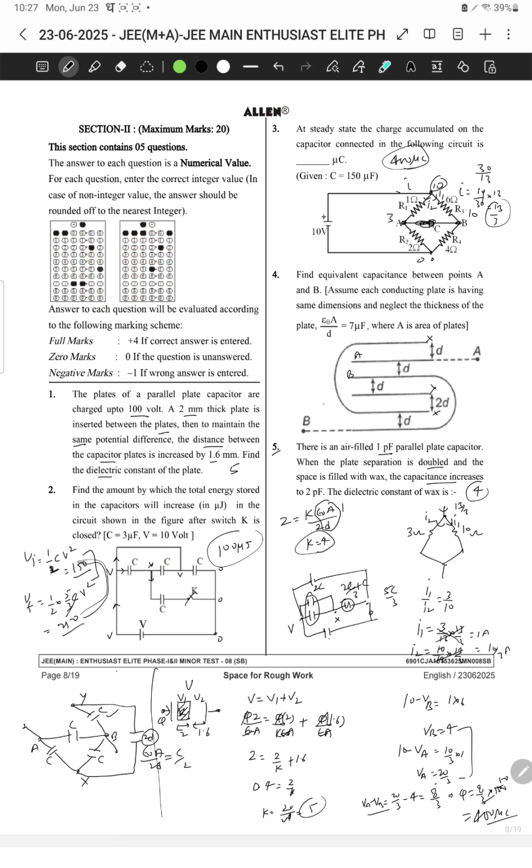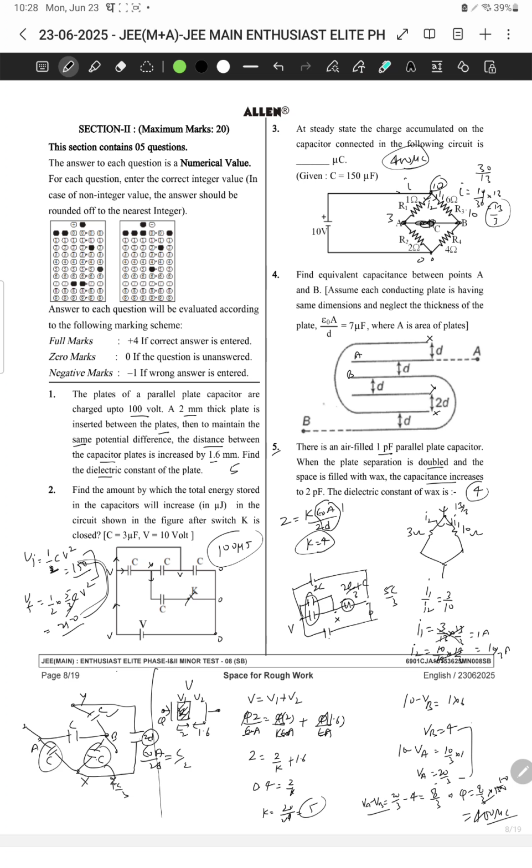Okay, so this C by 3, they are in series, right? So then parallel with this C, so C by 3 and C in parallel, so 4C by 3.